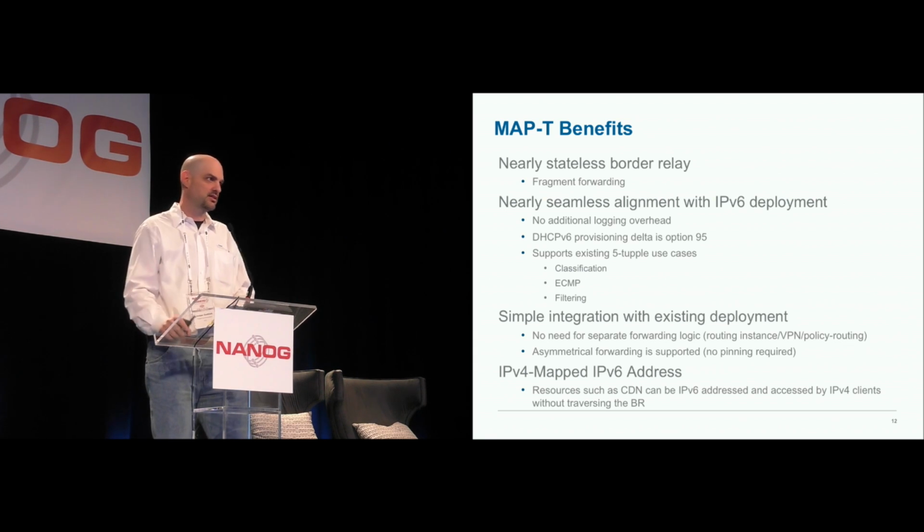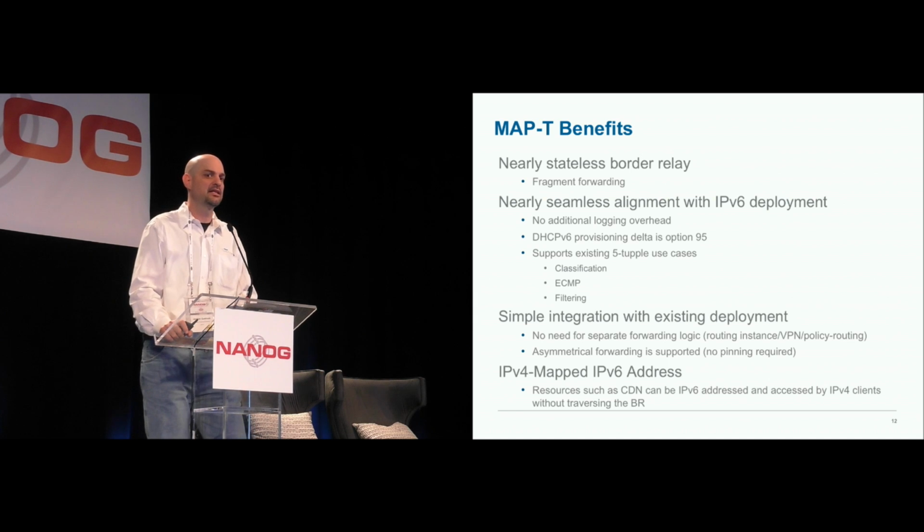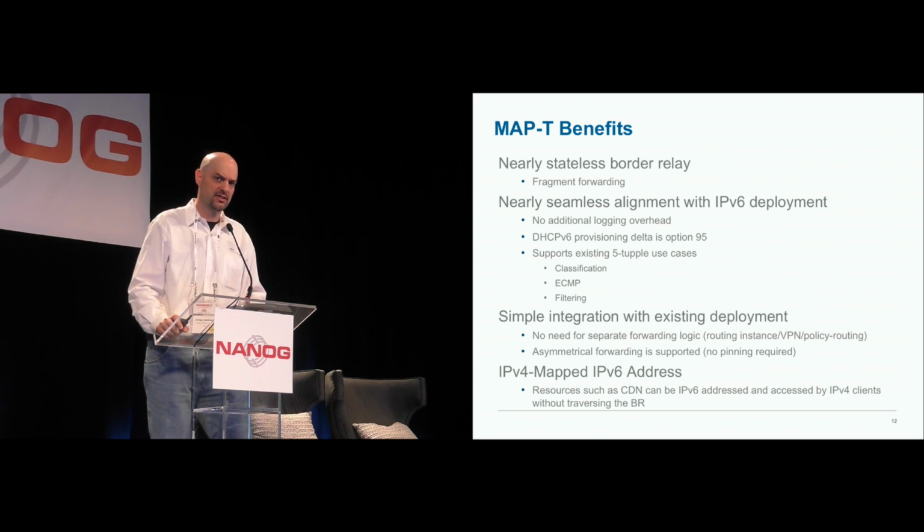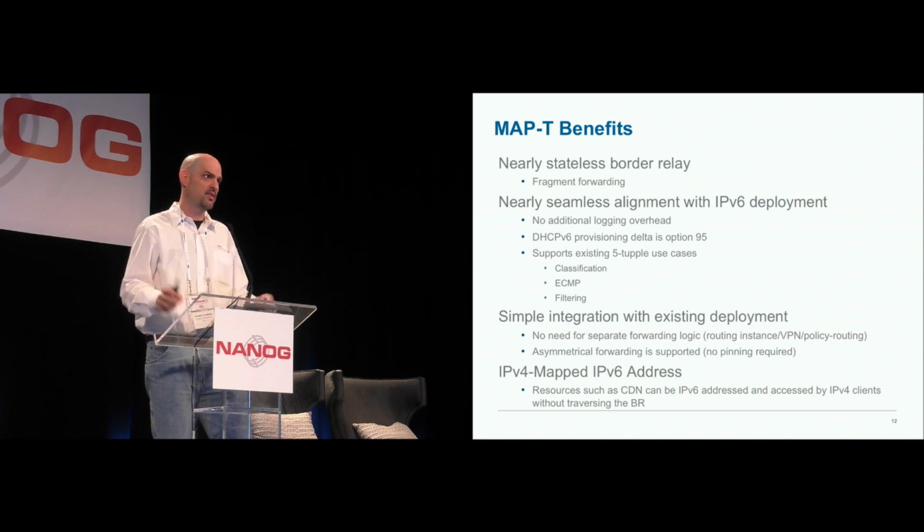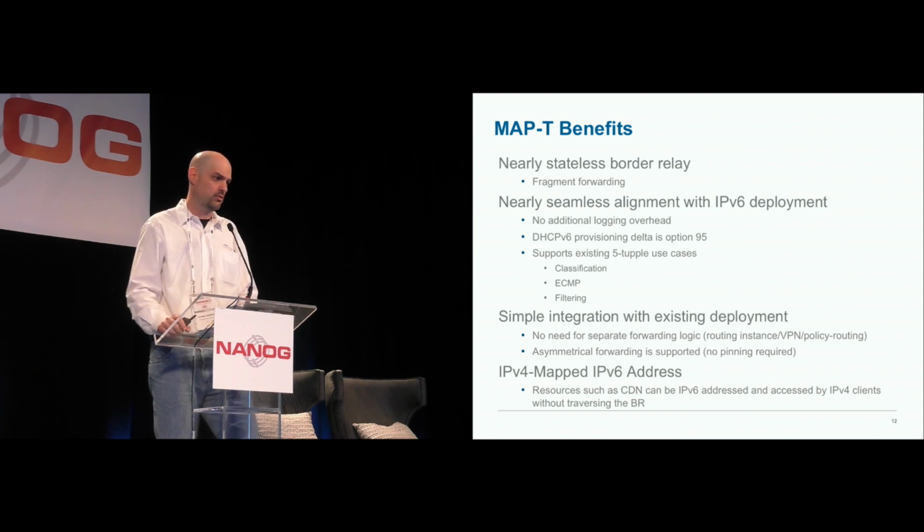We really like this technology because it aligns really cleanly with our existing IPv6 deployment. There's no additional logging overhead. We're already doing DHCPv6 lease notification logging, and this is for regulatory reasons. And so combined with some of the algorithms, MAP-T is algorithmic based.